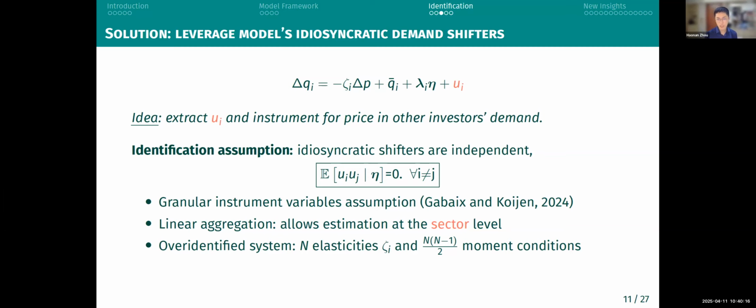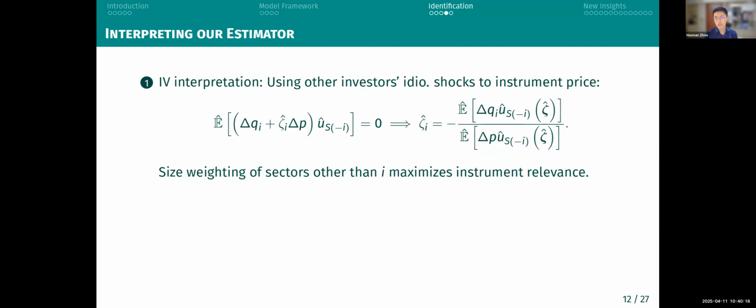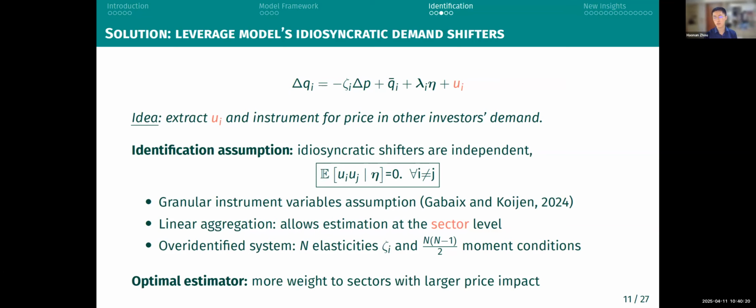I do want to speed things up a little bit. This identifying assumption we can operationalize using GMM, so we can estimate this entire system. But we pay attention to the fact that this is an over-identified system, so we want to use some optimal estimator to weigh these moment conditions to arrive at the most precise estimator.